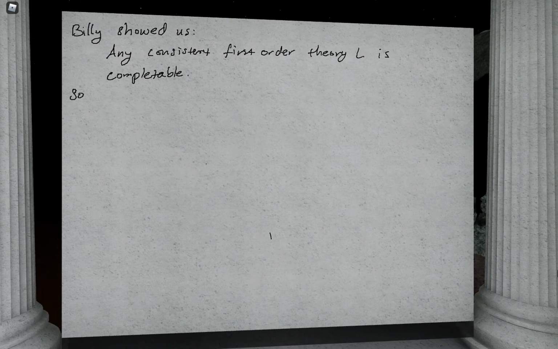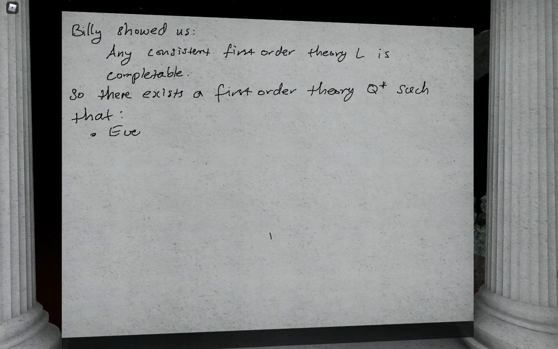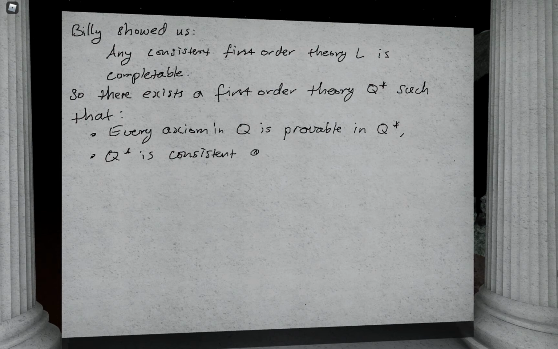So there exists a first order theory Q star satisfying that every axiom in Q is provable in Q star, and also Q star is consistent and complete.